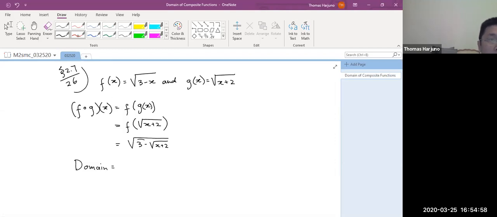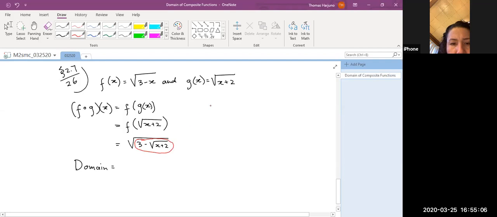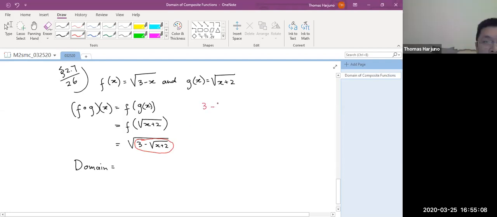composite function. Now this guy here has to be non-negative. So 3 minus square root of x plus 2 has to be greater than or equal to 0. So 3 is greater than or equal to square root of x plus 2.